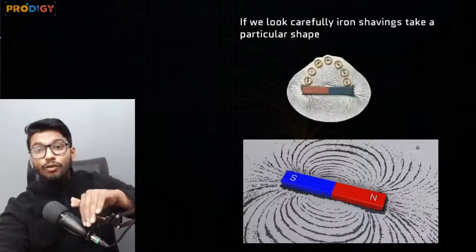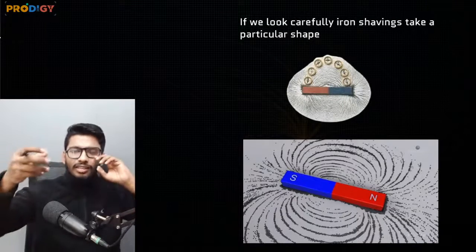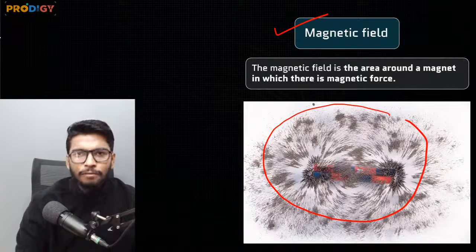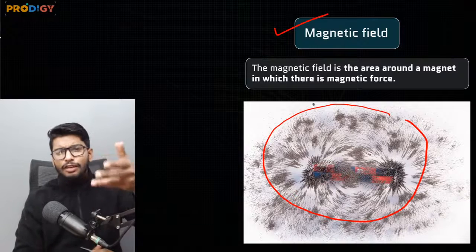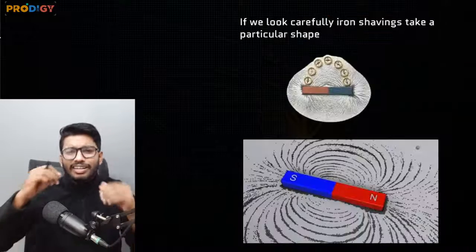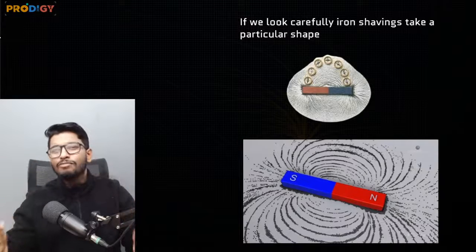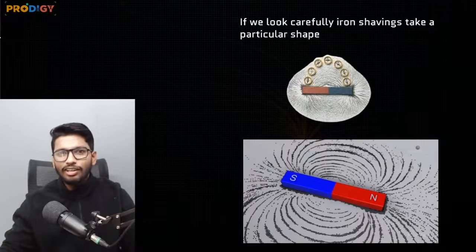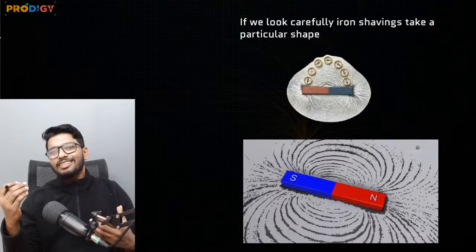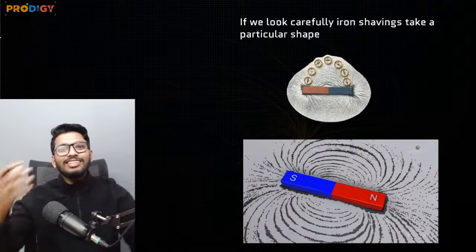Magnetic lines of force are nothing but, guys, when you look at the arrangement of these iron filings or iron shavings, you can see that they are arranging themselves in a particular format. It's not an irregular structure. There's a pattern to the chaos, right?